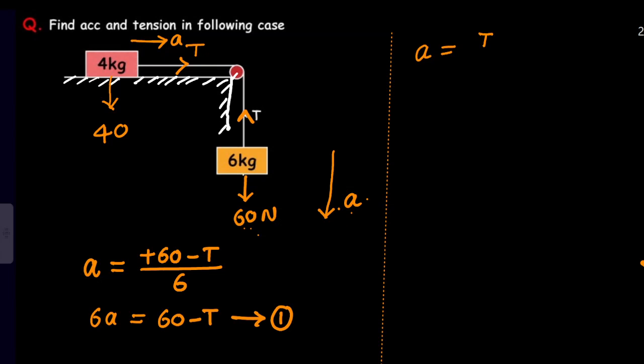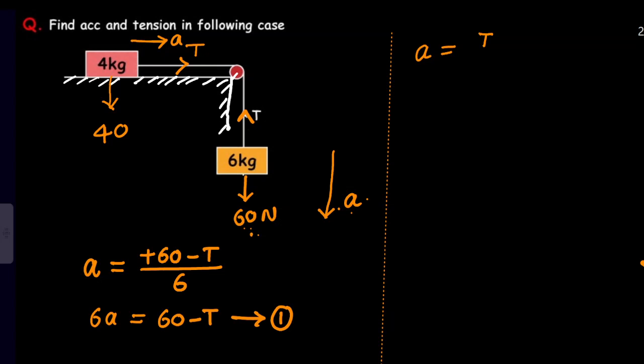The 40 is in the y direction, right? Acceleration is in which direction? X direction. So only X direction forces will contribute to the X direction acceleration. In this case, the 60 newtons is downward and the tension is upward, both in the Y direction.